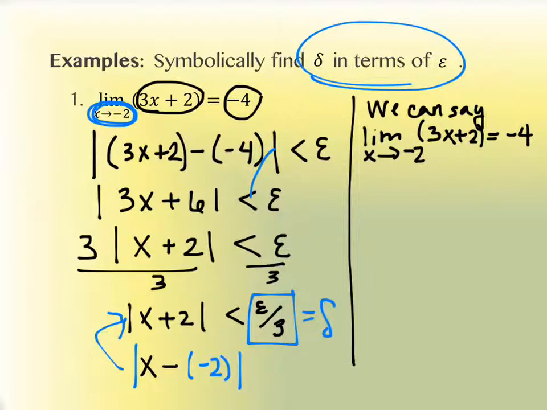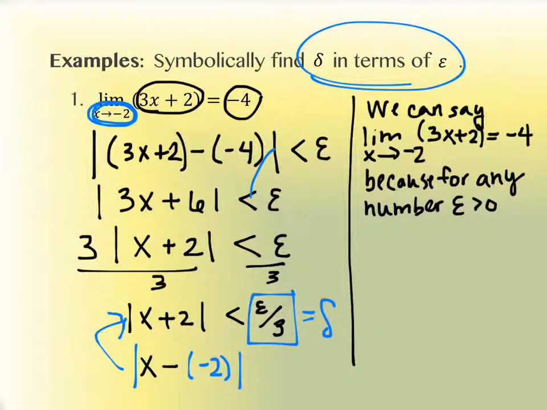We know that's true. Why? Because for any number epsilon greater than 0, there exists a delta. And what is our delta equal to here? Epsilon over 3. So this is what we put in here, right? Delta equal to epsilon over 3.